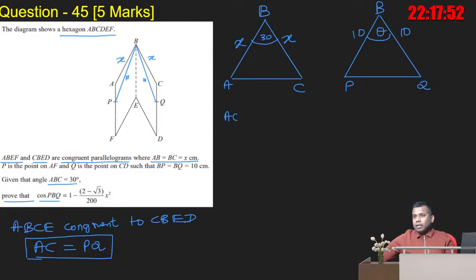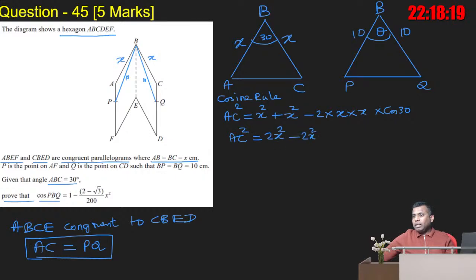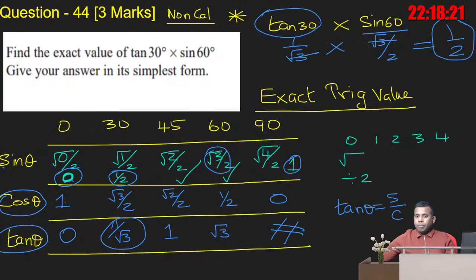AC squared is equal to x squared plus x squared minus 2 times x times x times cosine 30, by using the cosine rule. So AC squared equals 2x squared minus 2x squared cos 30.